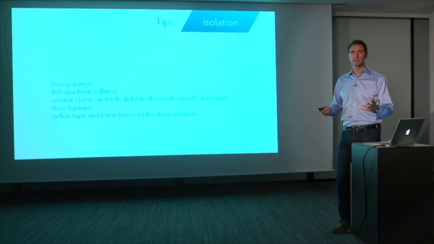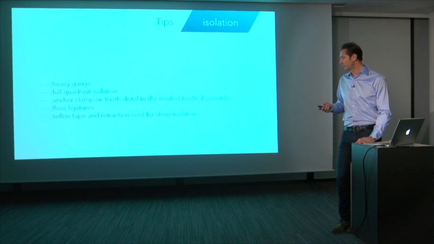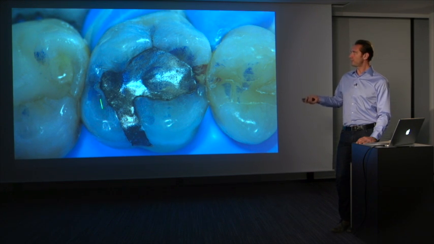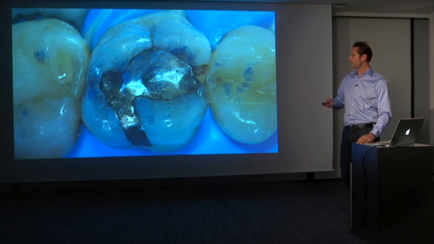The thing is, you have to create the optimal circumstances to do the work you need to do. It's already very difficult to do dentistry in an environment which is all wet and full of saliva, maybe blood, so let's make it easier, okay? So this is what you see, marking of occlusion. You see the rubber is in place, you have an anchor clamp on the tooth distal, you have some floss ligatures. This is the way how we start out.